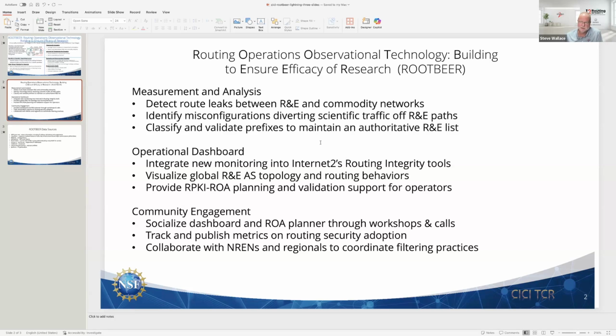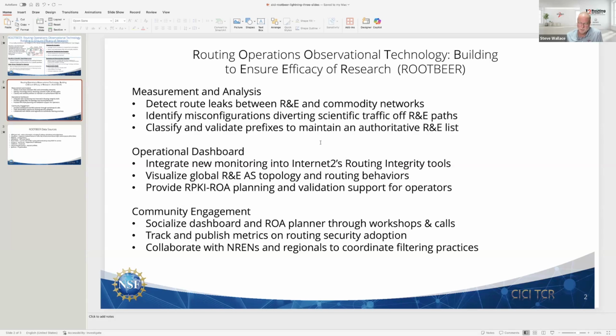We also want to measure how these metrics are being adopted by the community. We want to make sure these tools are readily available to all of the NRENs, all the National Research and Education Networks, in addition to the regional networks here in the US. And we hope this ensures that these workflows stay on this dedicated infrastructure.